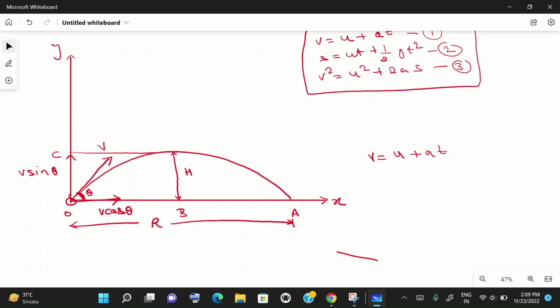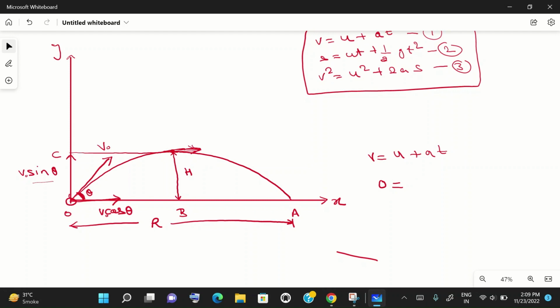If we are considering the vertical component, then at the maximum height h at point B, the vertical component of velocity will be 0, because the particle moves horizontally there, so the angle with the horizontal will be 0.